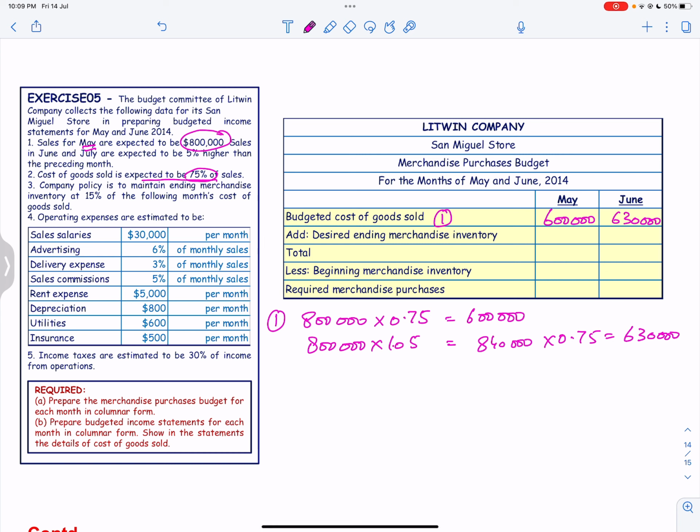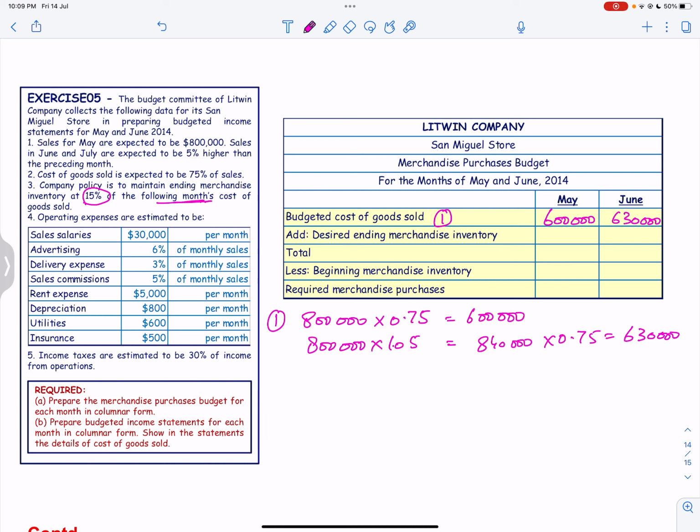Next, we go for the desired ending merchandise inventory. Company policy is to maintain ending merchandise inventory at 15% of the following month's cost of goods sold.